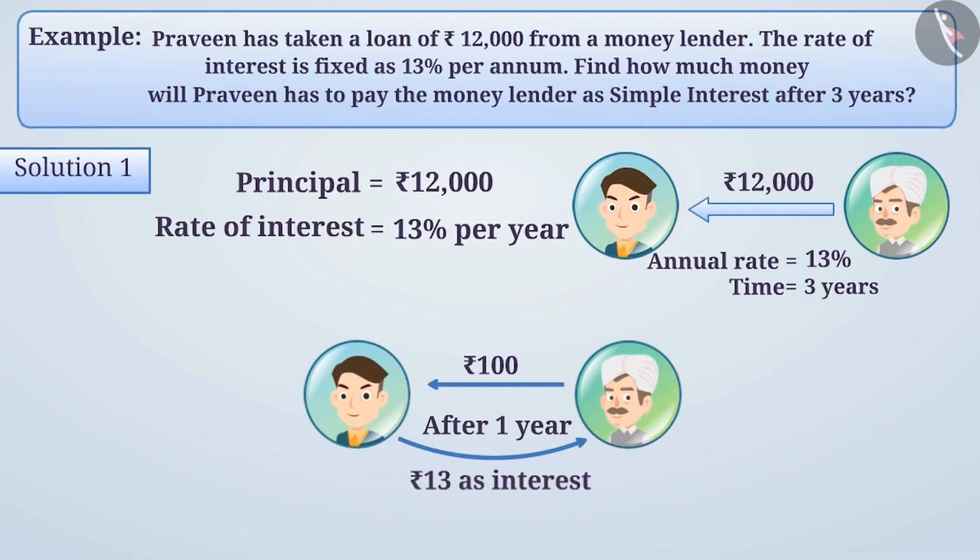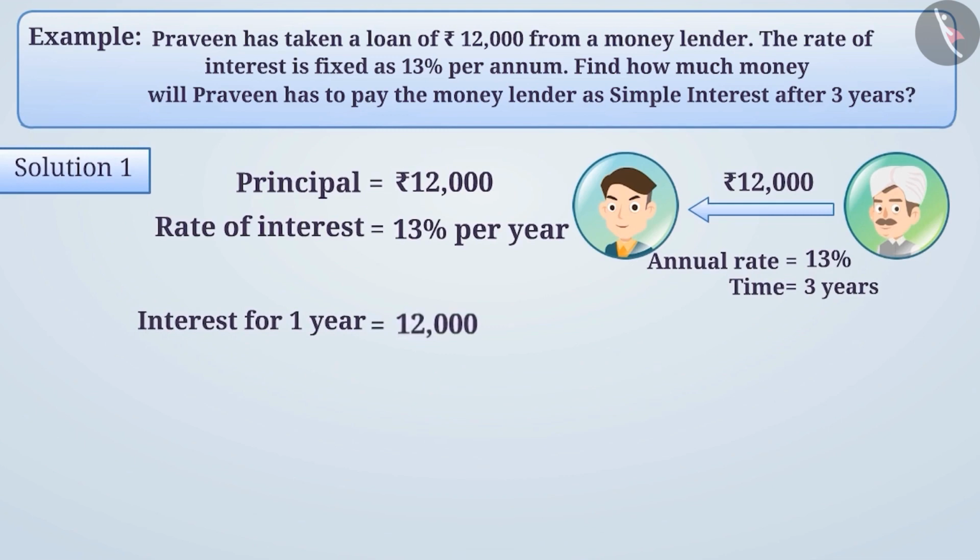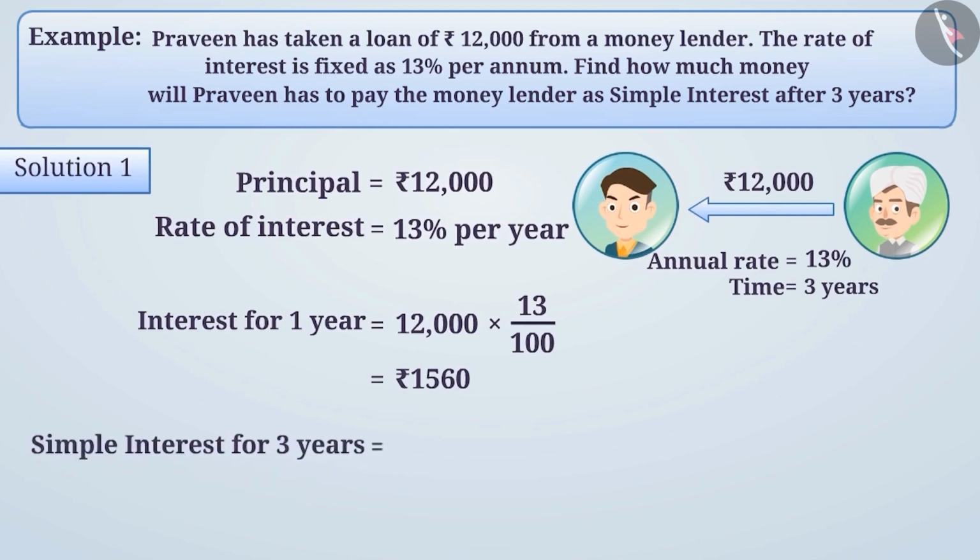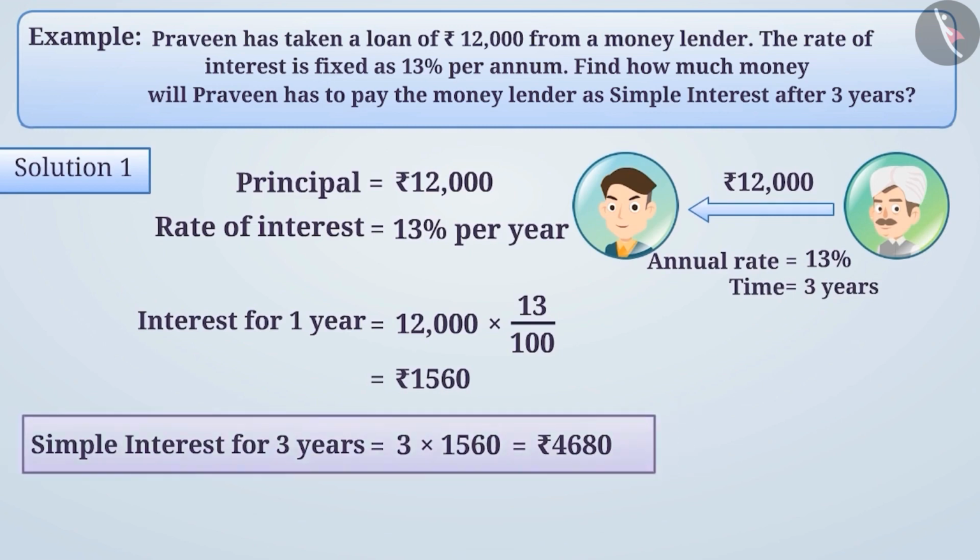Thus, on the loan amount of rupees 12,000, the interest for 1 year will be 12,000 into 13 by 100, which is equal to rupees 1,560. Therefore, simple interest for 3 years is 3 into 1,560, which is equal to rupees 4,680. That is, after 3 years, Praveen will have to pay rupees 4,680 as simple interest to the moneylender.